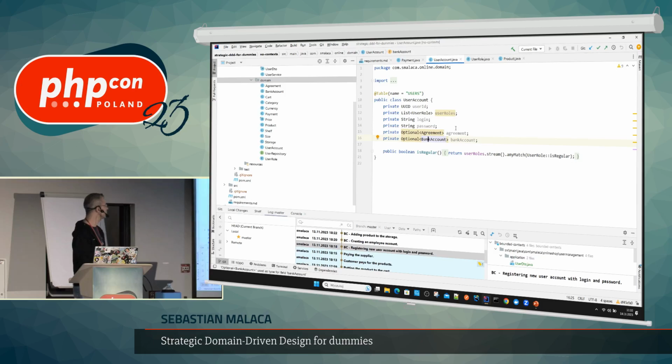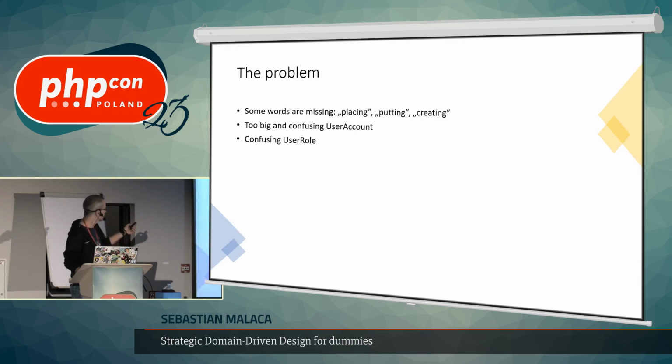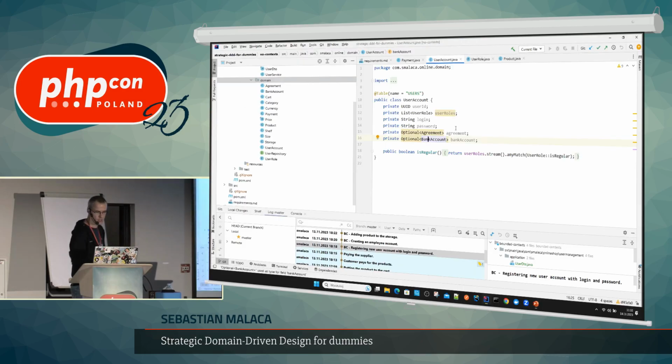You don't have a clue why the bank account is not required. You don't have that information. What is even more worrying, it may be somewhere in the code, but maybe not. Maybe it's forever lost.